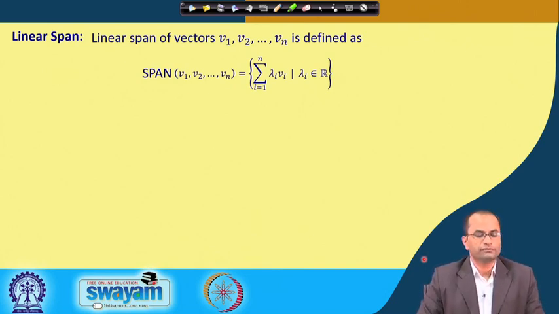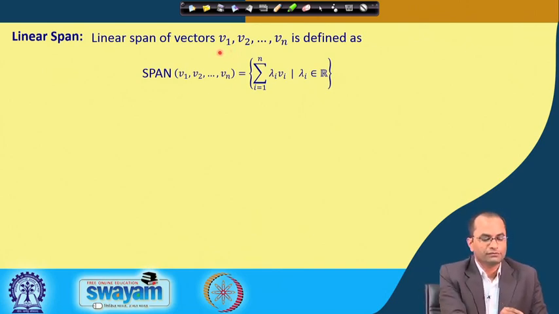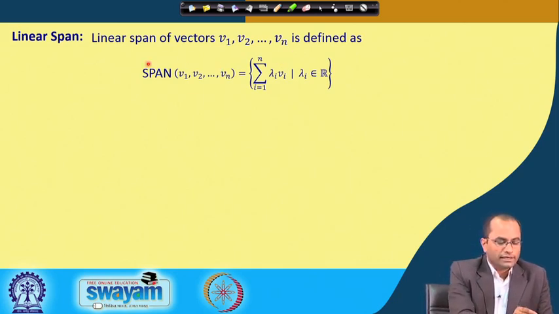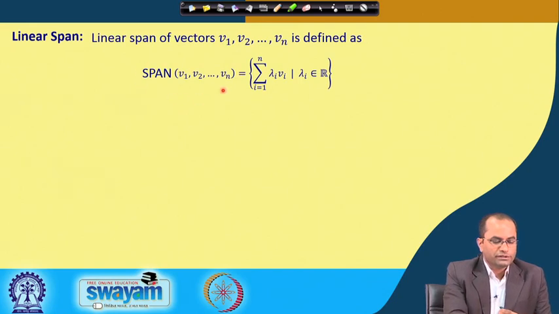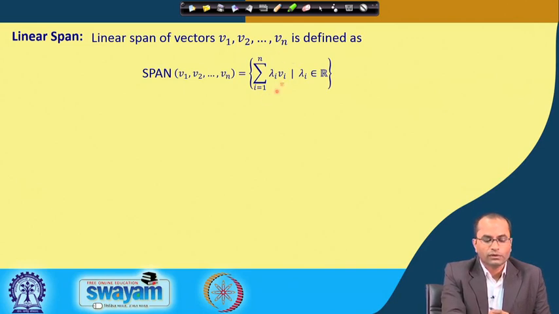The linear span of given vectors v1, v2, v3, ..., vn is usually denoted as span of v1, v2, v3, ..., vn, and we define it as the set of all linear combinations of these vectors.